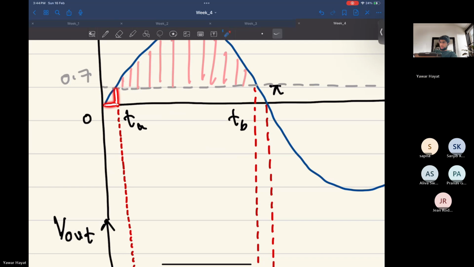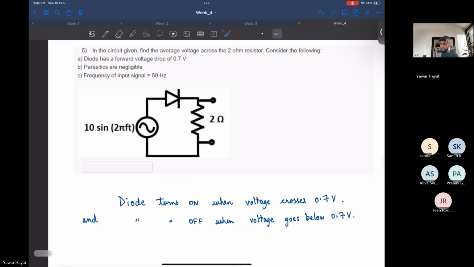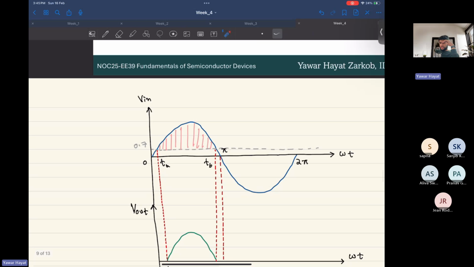Just a second. What is the equation that we have? Okay, 10 sine of omega t, right? We write it here. Our V input was 10 sine of omega t.